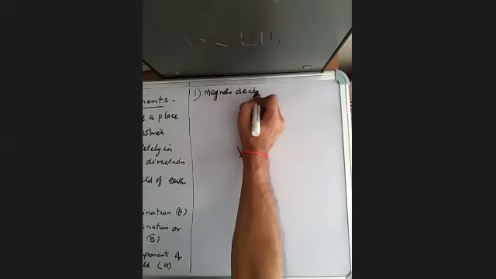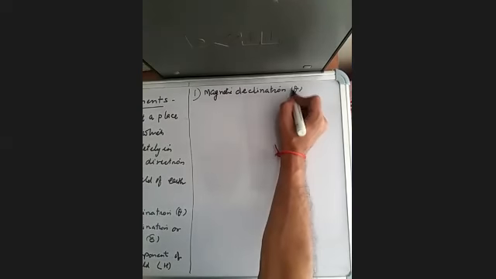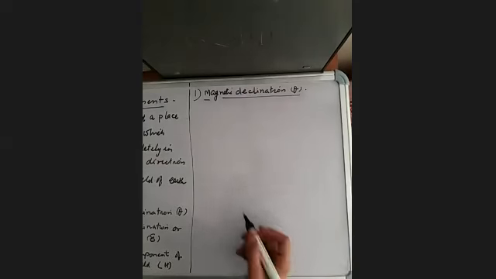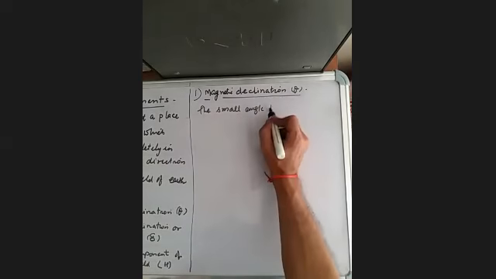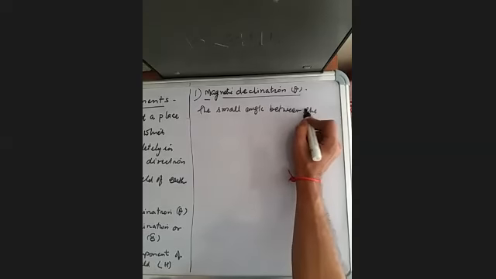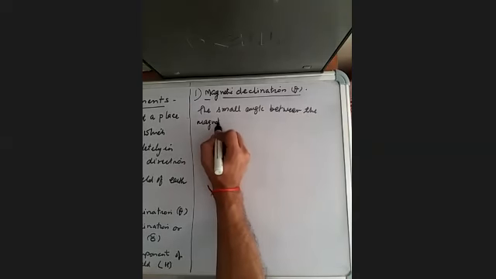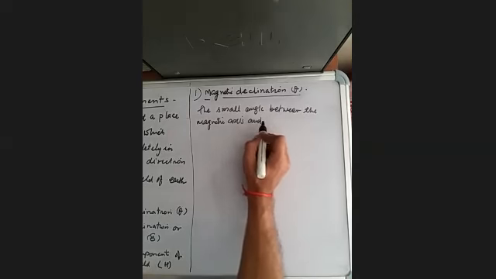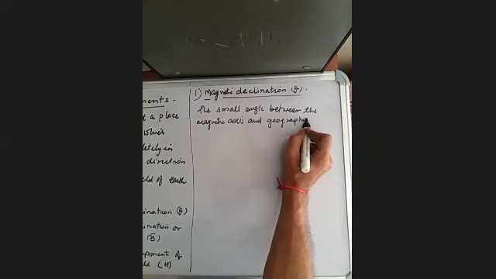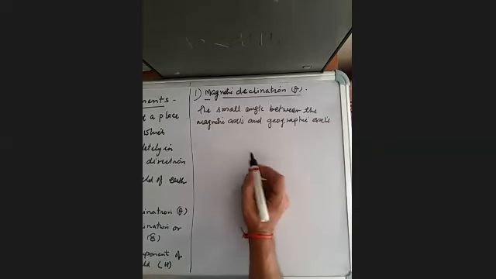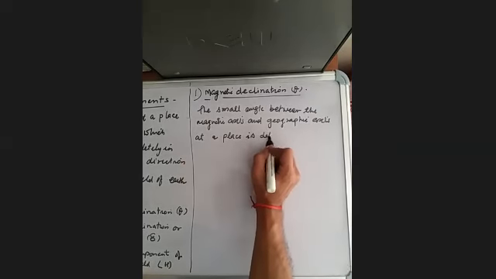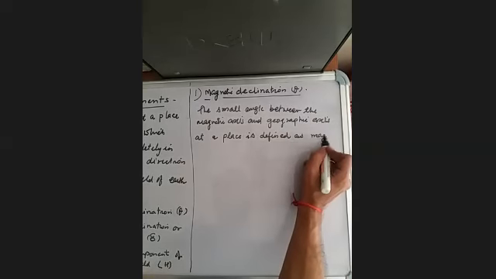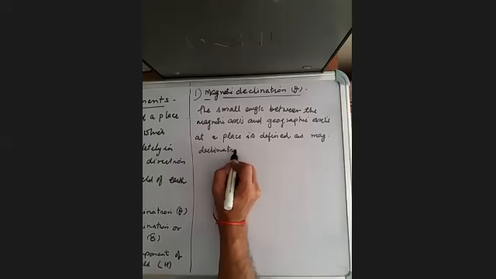So first, magnetic declination. This is a small angle between the magnetic axis and geographic axis at a place, which is defined as the magnetic declination at that place.